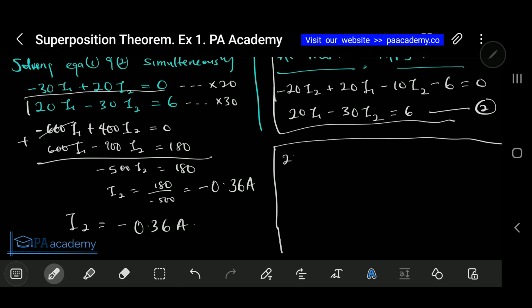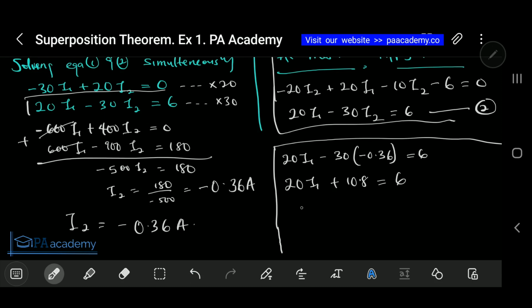So that means we are having 20I1 minus 30 into bracket, so we know our I2 to be minus 0.36, equals to 6. So that means we are having 20I1 plus 30 times 0.36, so that will give us plus 10.8. We are having negative here, negative here, so that's giving us positive, exactly, equals to 6.